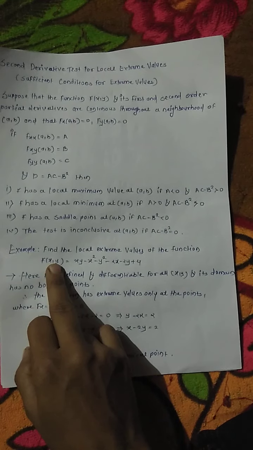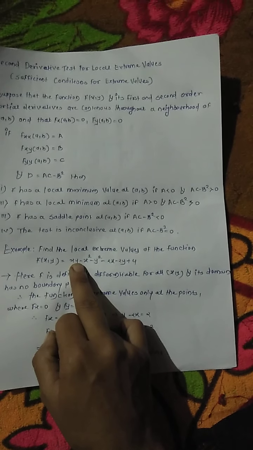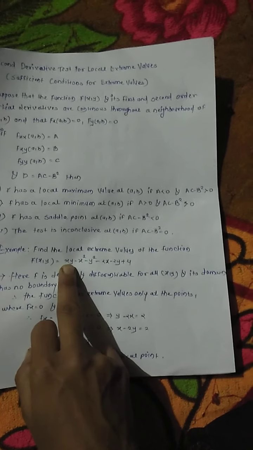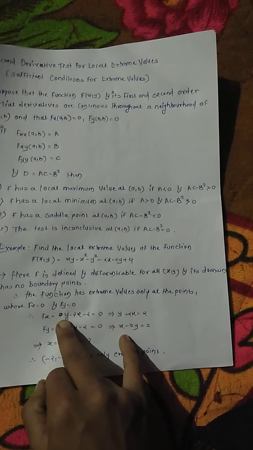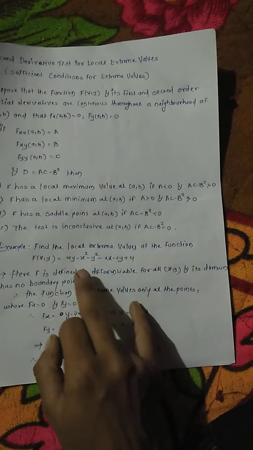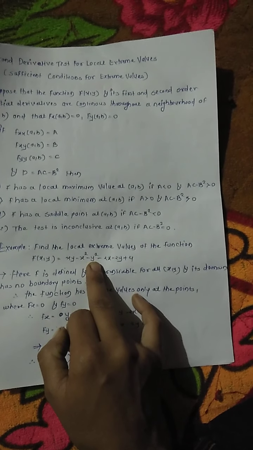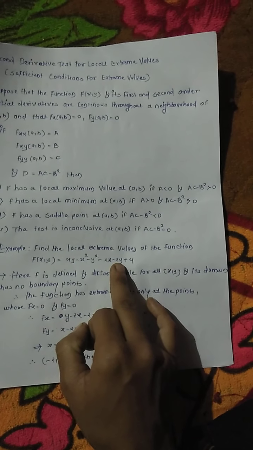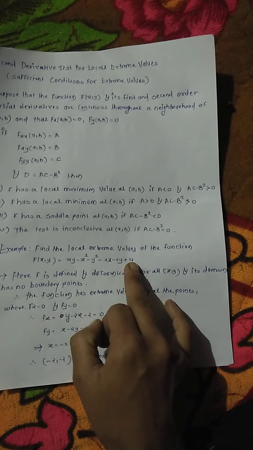Partial derivative with respect to x. When taking the derivative with respect to x, we treat y as constant. So the derivative of xy is y, the derivative of x is 1 and y is a constant, minus the derivative of x square is 2x, minus y square is a constant so its derivative is 0, minus 2 as it is, the derivative of x is 1, minus 2y is constant, so its derivative is 0.